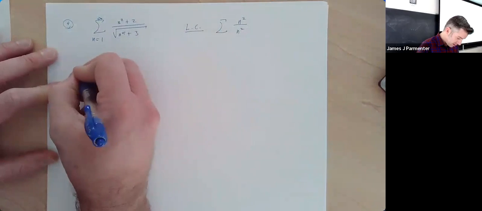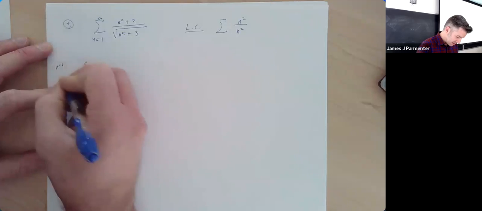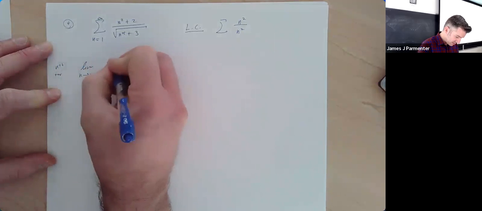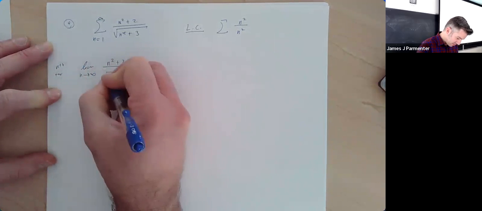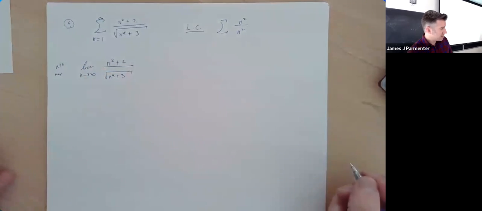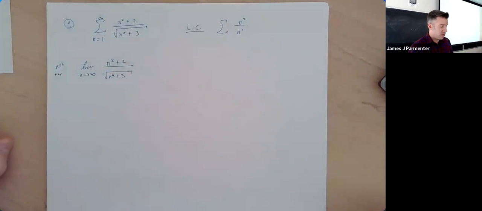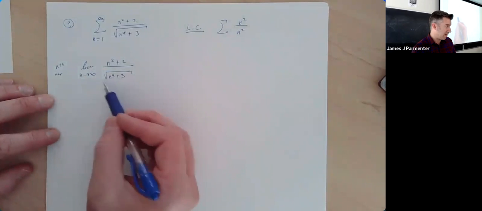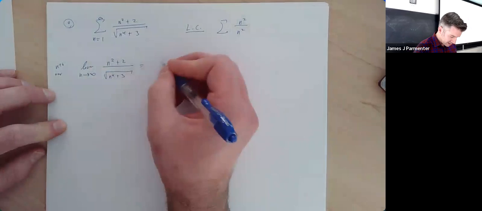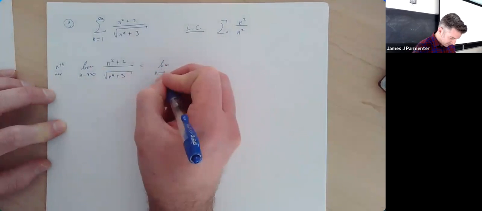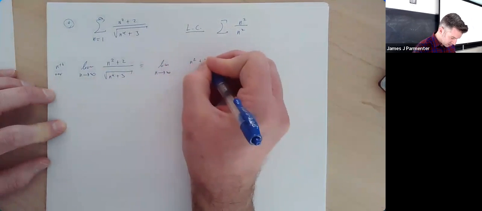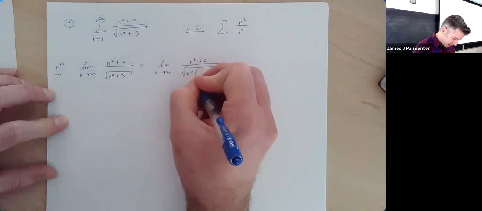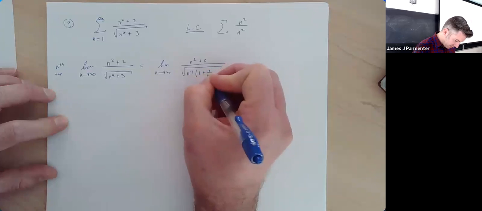And I can. If I do the nth term test, if I do the limit as n goes to infinity of the sequence, there's a couple ways of dealing with this. I personally have always liked to deal with this by essentially just dividing out that highest power of n in the square root. So I'm going to rewrite this as the limit as n goes to infinity of n squared plus 2 over the square root of n to the fourth times 1 plus 3 over n to the fourth.